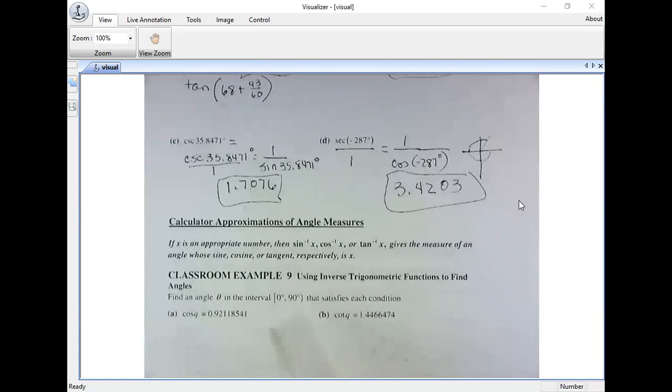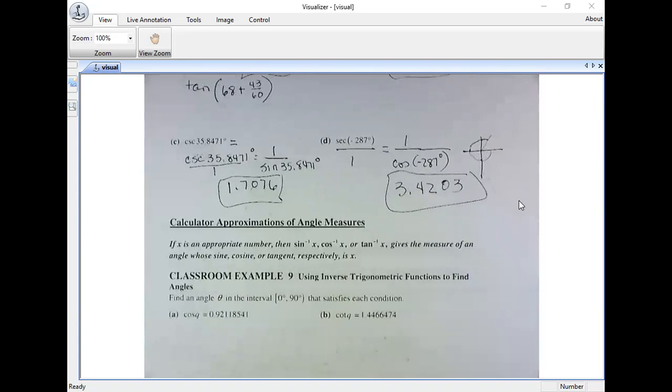Okay. Now, there's one other thing we haven't done yet. What if you were told what the cosine value, the ratio value, is, and you were asked to find the angle? Could you do that? Yes, it's called finding the inverse, or the arc cosine, or arctangent, or arcsine.